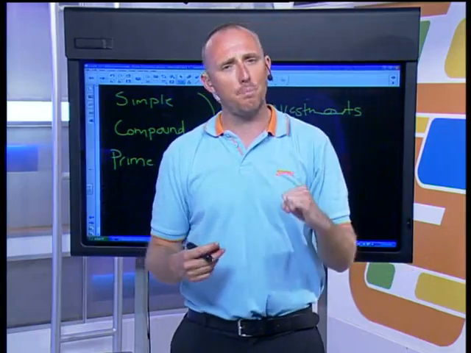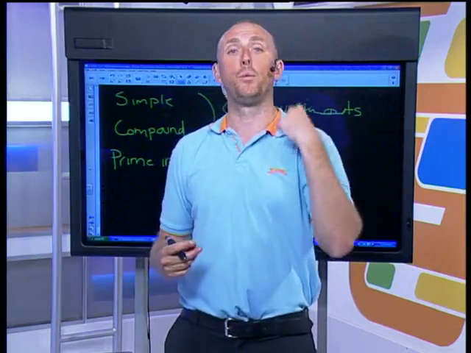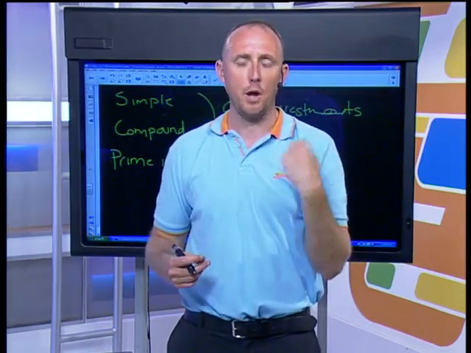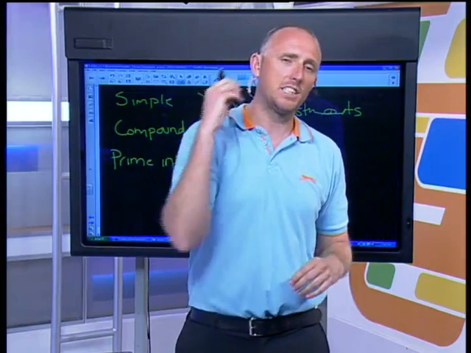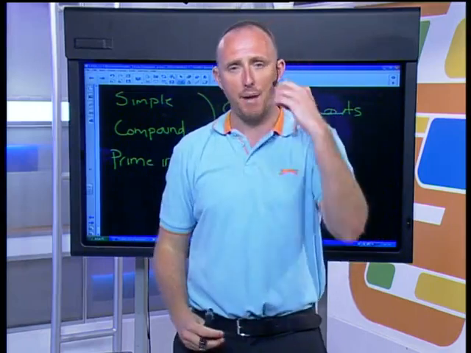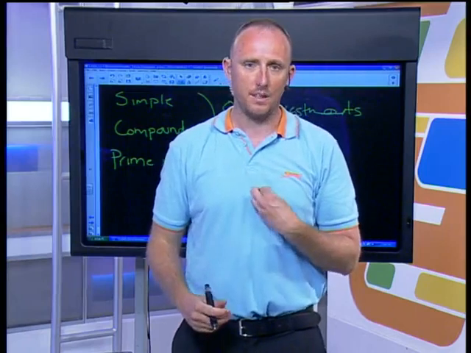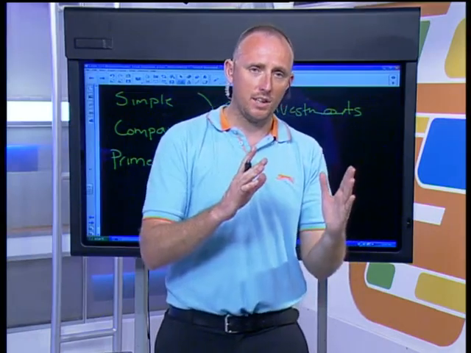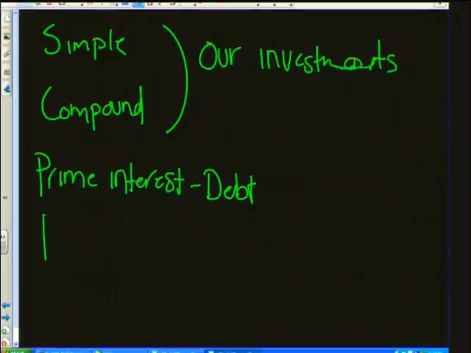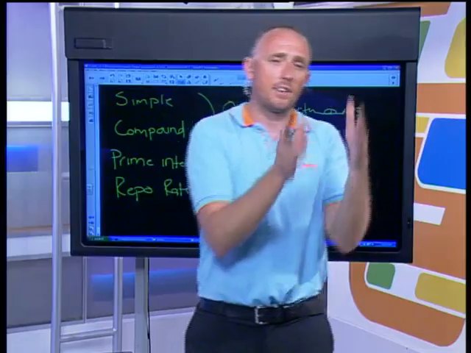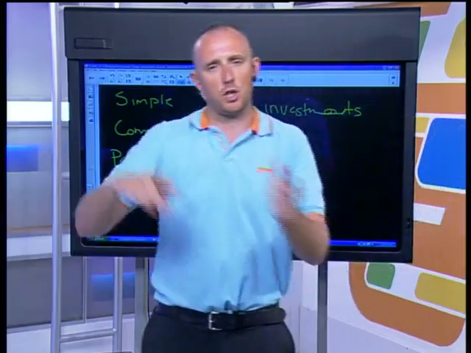So simple and compound interest have got to do with when we're investing and we're earning money. Prime interest has to do with when we take out debt, right? And that is the lowest interest rate that the banks will charge us. And remember that prime interest is linked to something called the repo rate. And the repo rate is the interest rate at which the Reserve Bank lends money to the commercial banks.